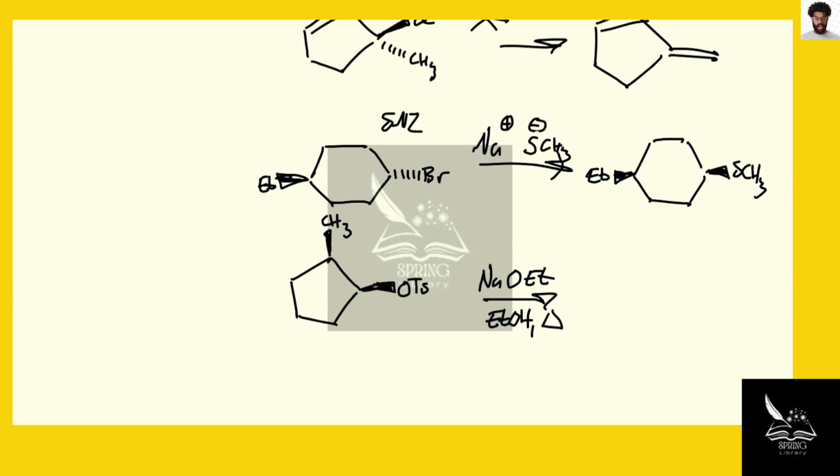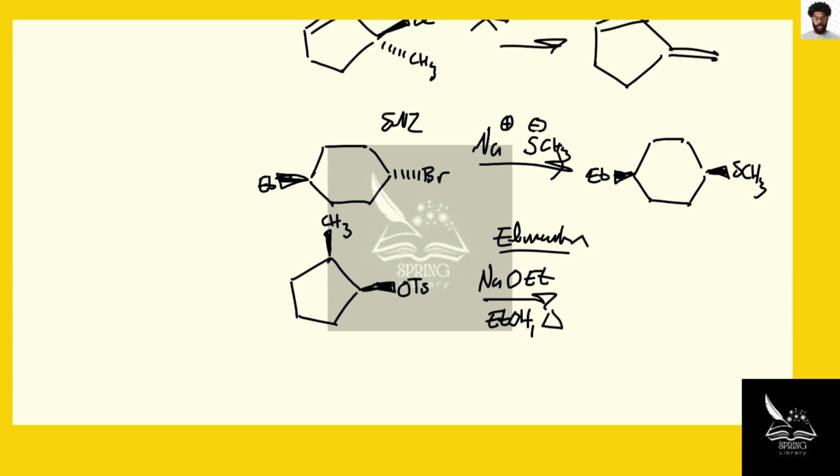So the fact that we're in ethanol and using heat tells us it's more likely this is going to be an elimination reaction, right? We're using ethoxide. Ethoxide could be either SN2 or E2, but in terms of putting it in a polar protic solvent and adding heat, that strongly favors elimination. So an elimination reaction.